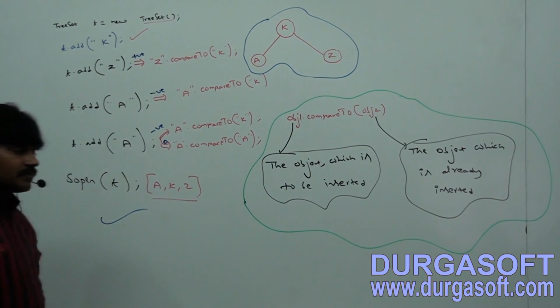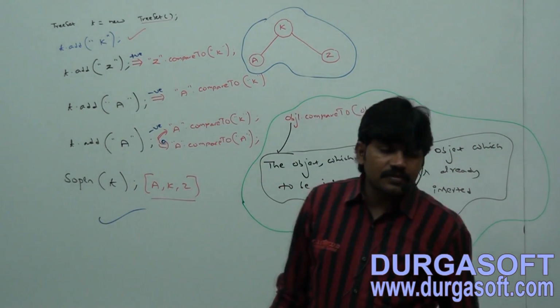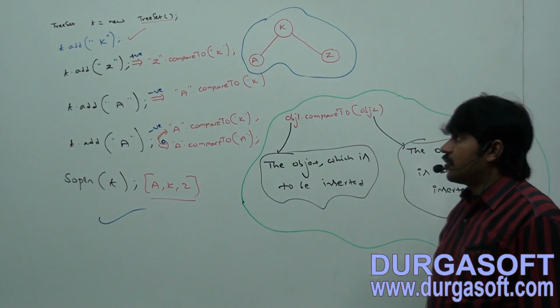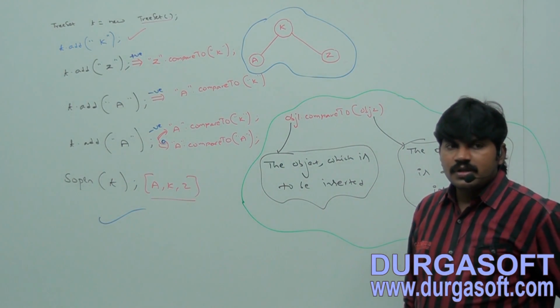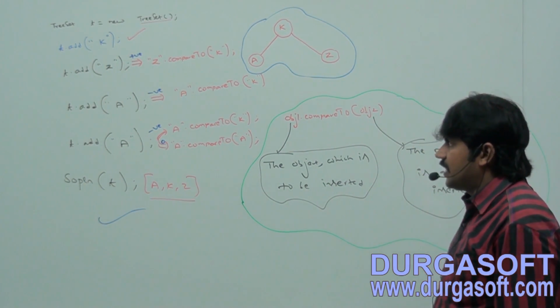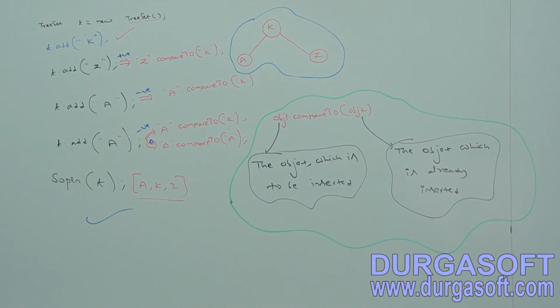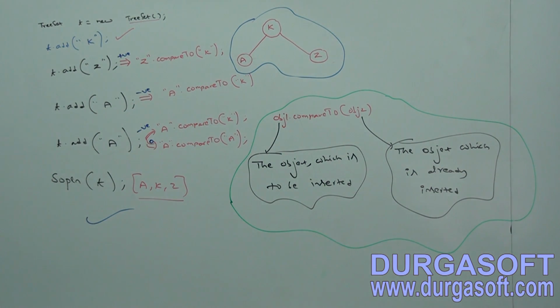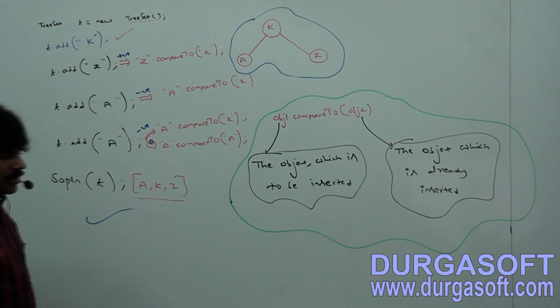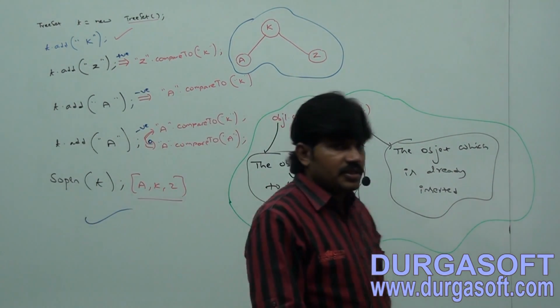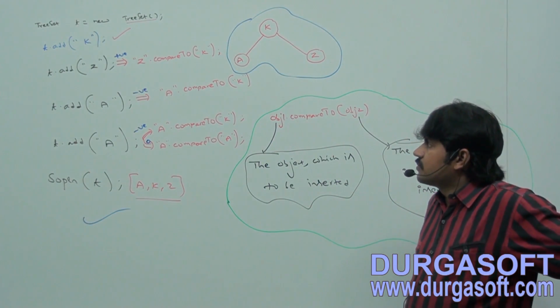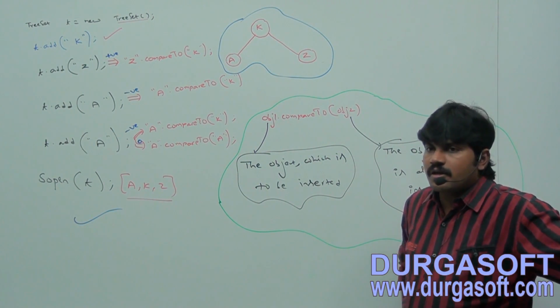TreeSet t = new TreeSet. t.add(k). t.add(z). Next, t.add(a).